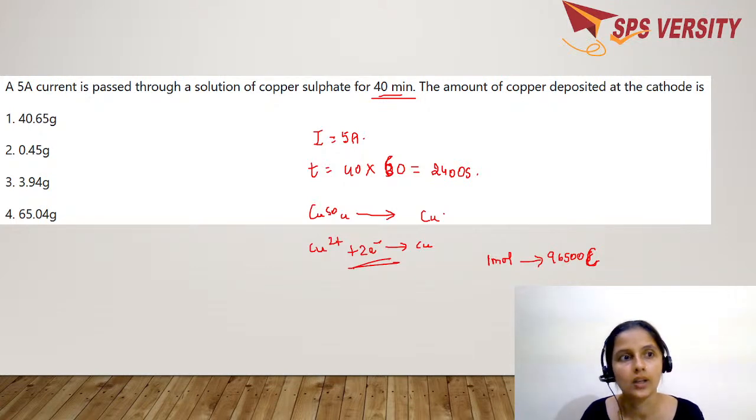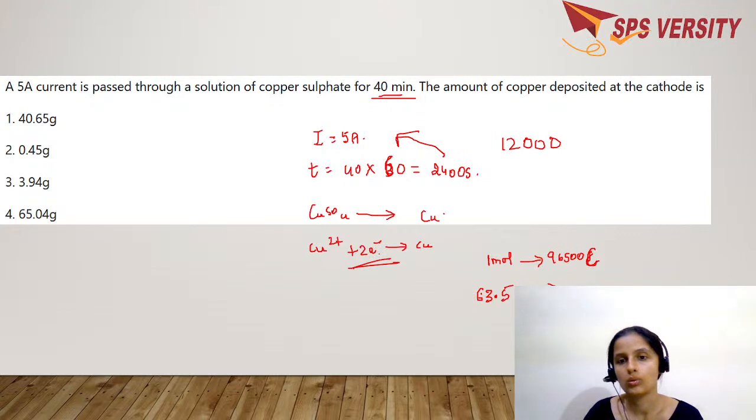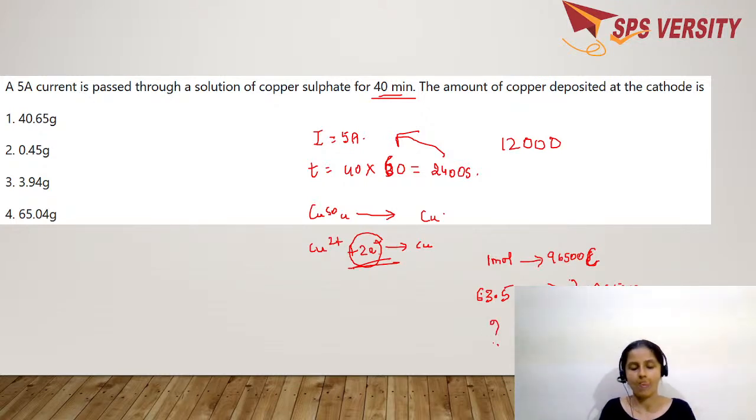They have given the current and time, so you multiply 2,400 with 5. That will give you 12,000. So 1 mole is nothing but 63.5, and for that you need 2 times 96,500, because 2 moles of electrons are there. So if 12,000 coulombs are passed, what is the mass? That's what you have to see.